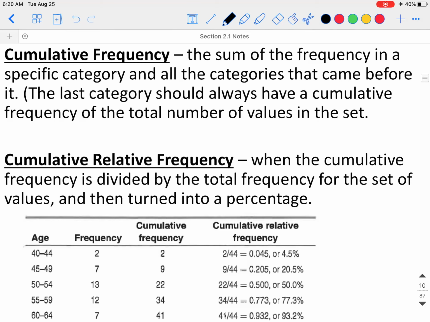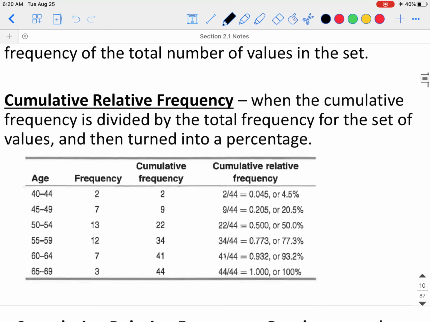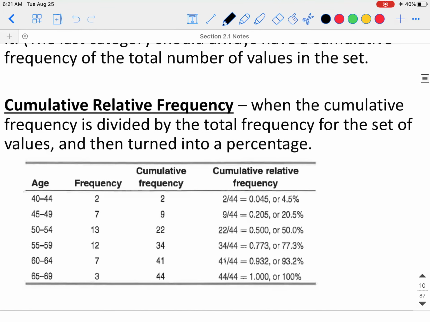Now, a cumulative frequency is the sum of all the frequencies in the specific category and all the categories that come before it. The last category will always be the same as the total. And then we can do the same thing with cumulative relative frequency. That would just be the percent. So if we have 2 as our frequency here, then the cumulative frequency is 2 because it's all the values up to that.